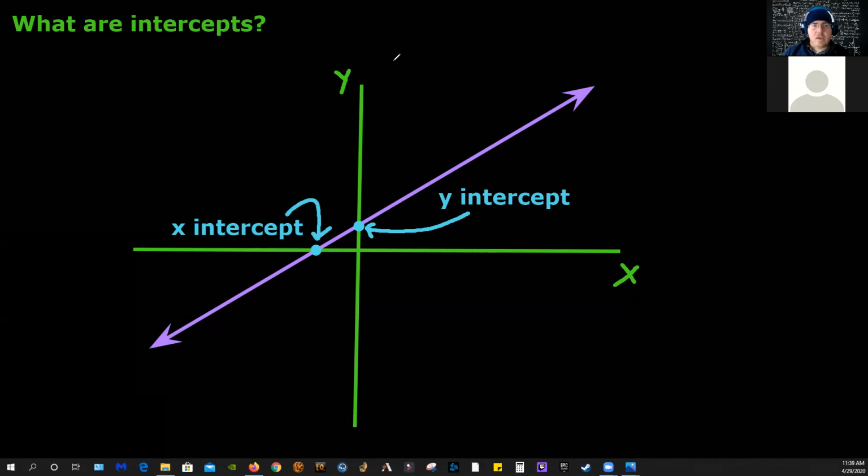Now, an interesting thing about their coordinates, y-intercepts will always have an x value of 0. And x-intercepts will always have a y value of 0. And it's really important we all understand that.